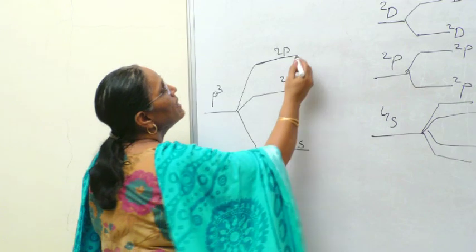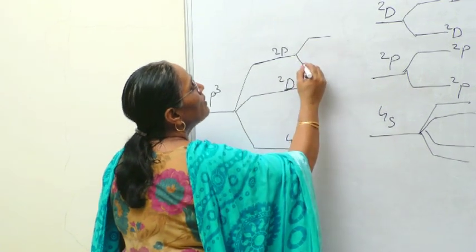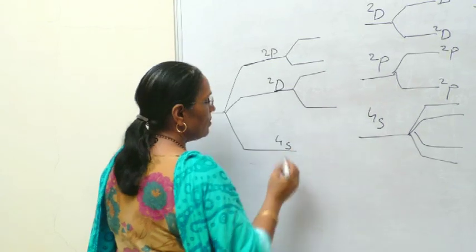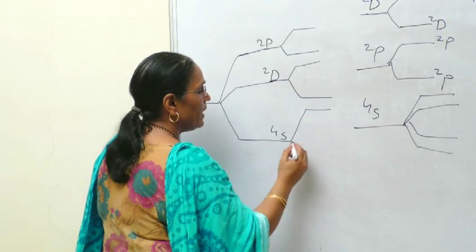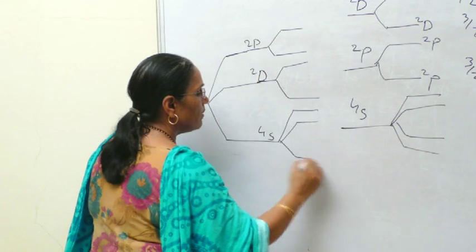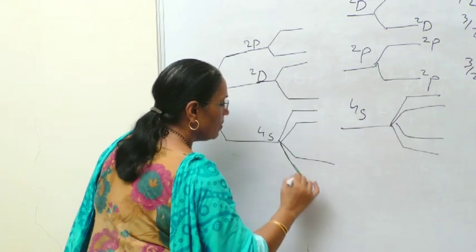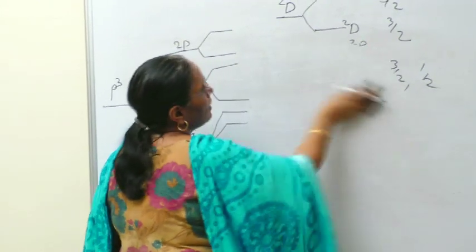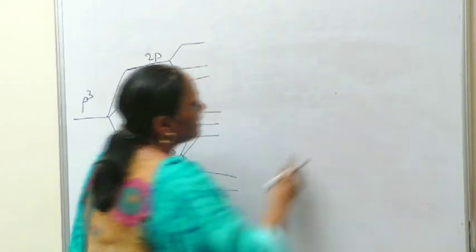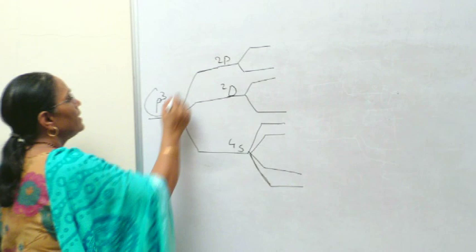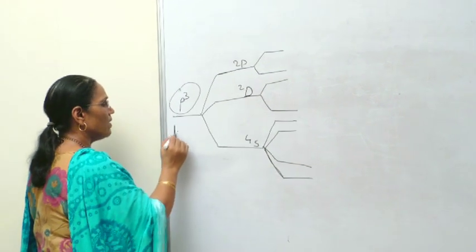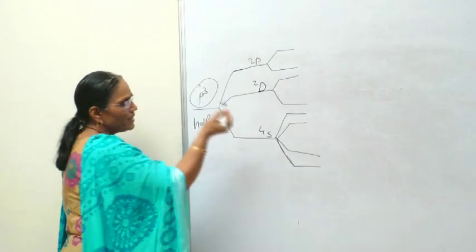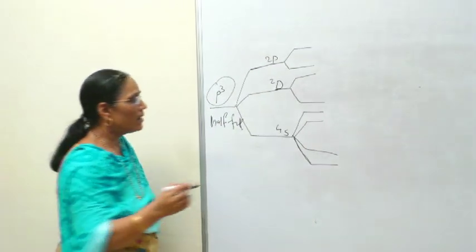Further, doublet P is split into 2 J values, doublet D is split into 2 J values, and quartet S is split into 4 J values. So now the J values. As the P3 configuration is just half full, the lowest J value will be at the ground state.